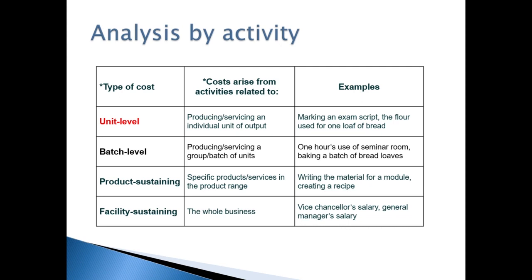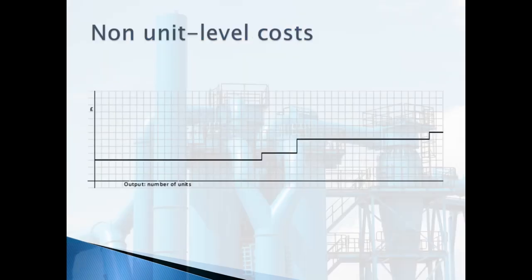The last 3 we're going to group together, so we're just going to look at unit level costs and the others all grouped together. So the pattern of costs spent on non-unit costs as you make more and more units goes like this. So what happens is that after you reach a certain level of output, you have to spend a bit more money.